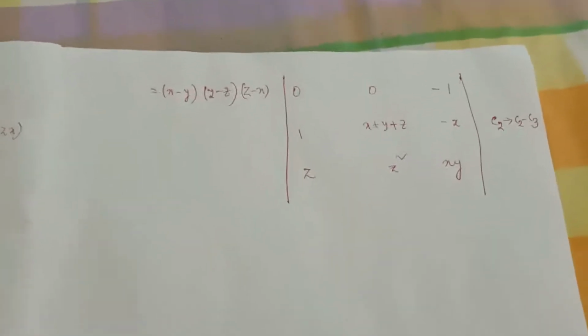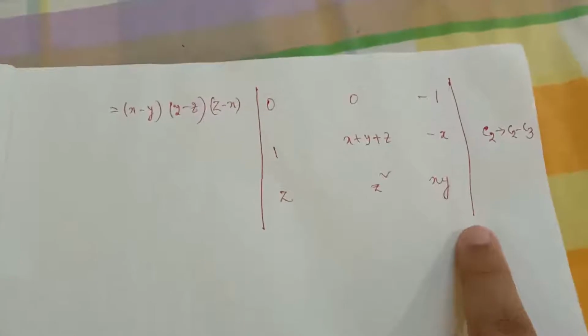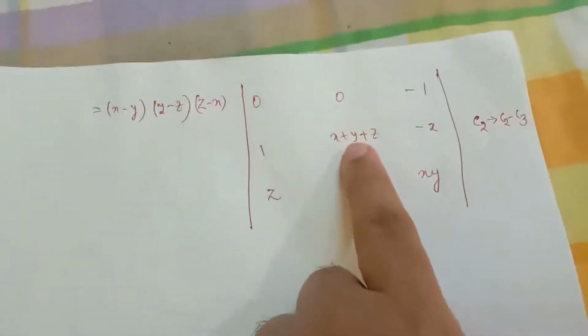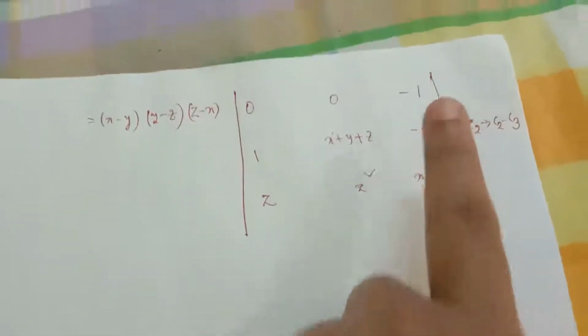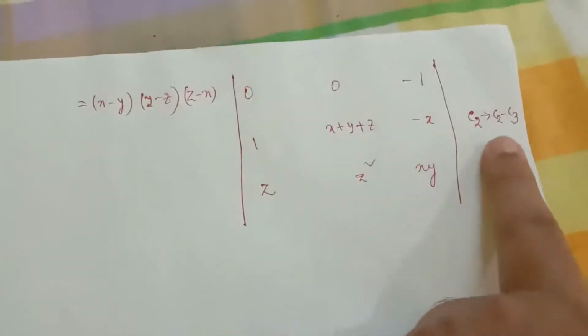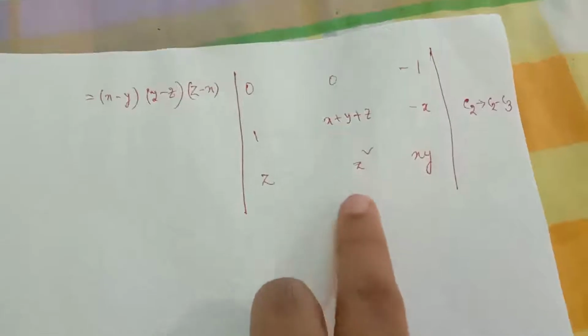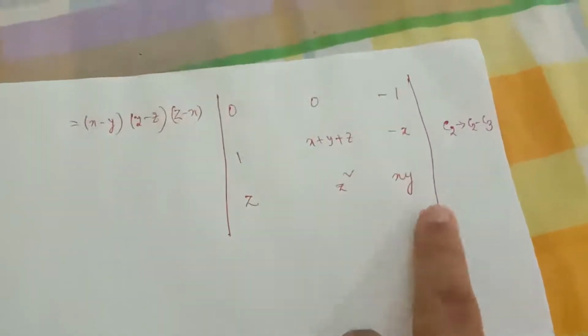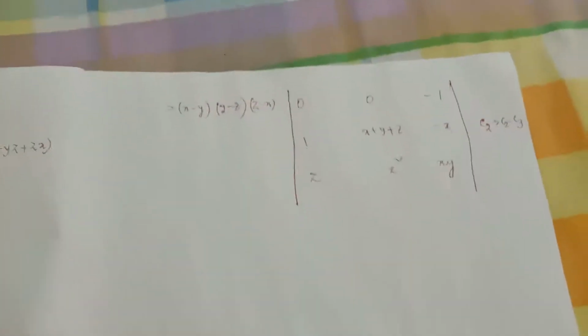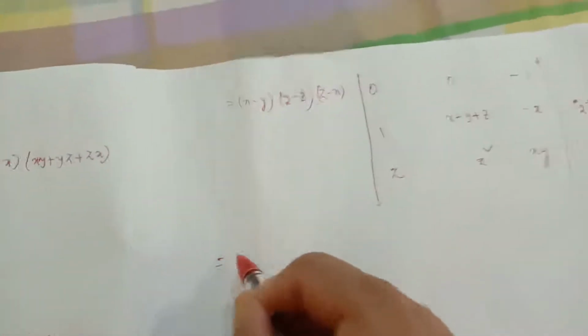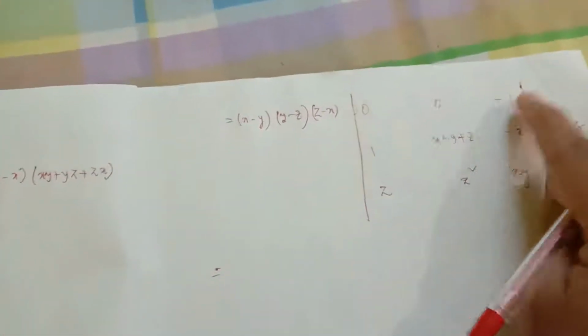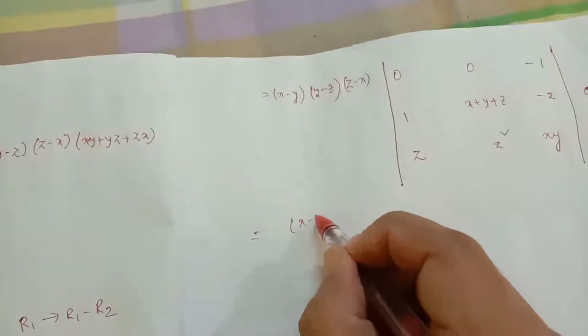So after replacing C2 by C2 minus C3, we will get another 0 here. This will become x plus y plus z, C2 minus C3. After replacing C2 by this, our new C2 will be 0, x plus y plus z and z square. These two will remain unchanged as it was in the earlier step. So you can see there are two zeros in the first row, so let us expand along the first row.